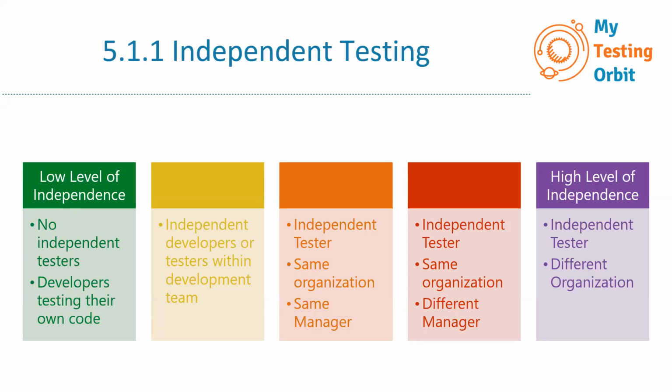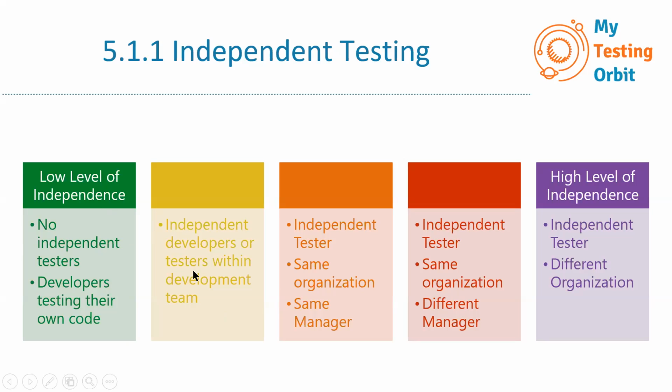Yes, for a few instances like unit testing, which is component testing, at that level, the person who is writing the code, the developer, should be doing the testing. But over here, we are just talking about the level of independence.